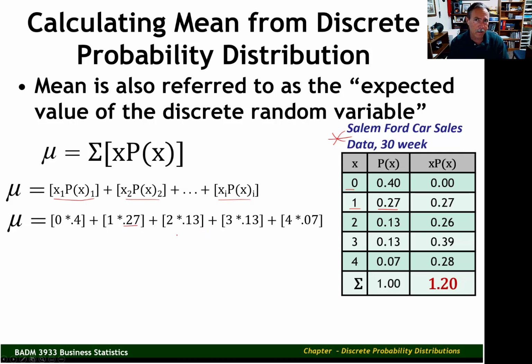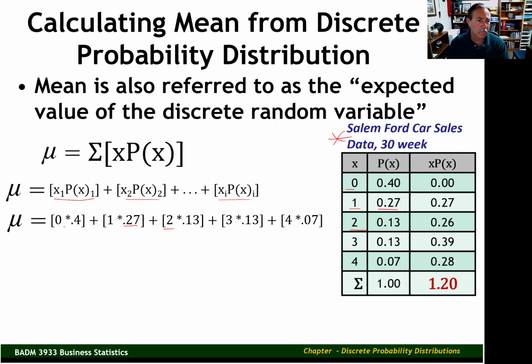And when I say its probability, that's the probability of one car being sold in a week. For the value 2, right here, we multiply by its probability, and so on until we've accounted for all the different possible values of x and their probabilities.